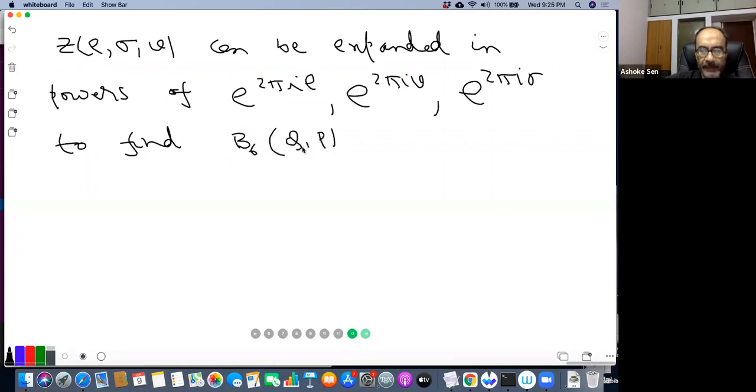You just calculate the Q square, P square, and Q dot P, pick up the appropriate powers of e to the 2 pi i rho, 2 pi i v, and 2 pi i sigma, and read out the coefficient. Okay. So this in fact can be done by a computer program. Everything is explicit, and you can actually get the numbers.